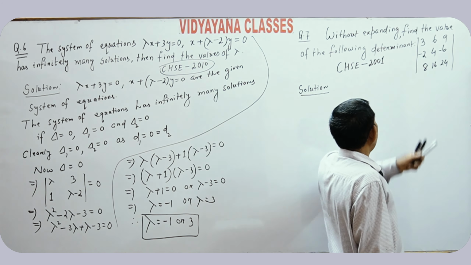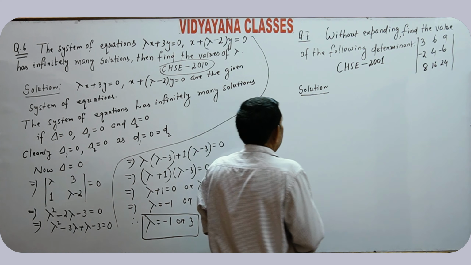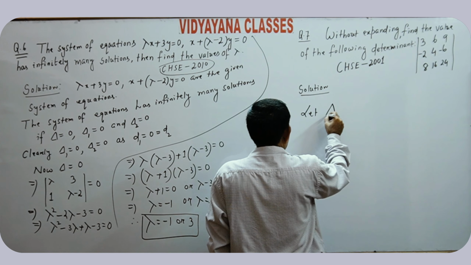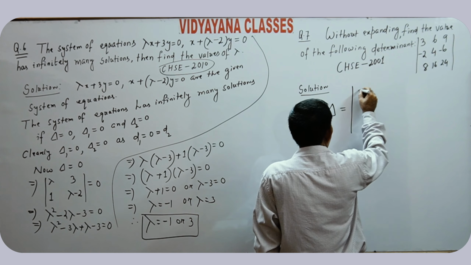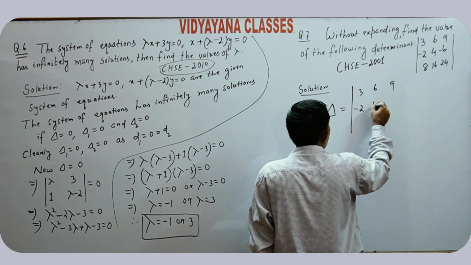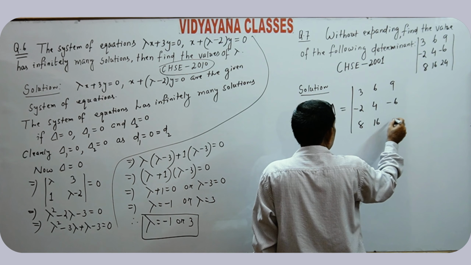Next, without expanding, find the value of the following determinant. Let del be the given determinant having elements 3, 6, 9, minus 2, 4, minus 6, 8, 16, 24.